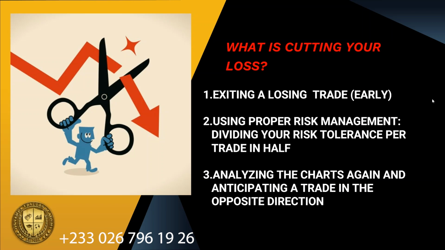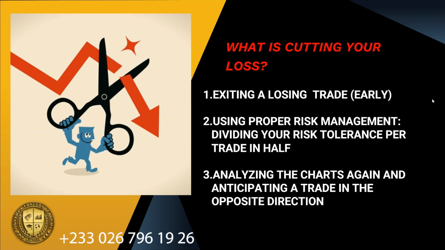You want to use proper risk management. And by using proper risk management, you want to divide your risk tolerance per trade in half. The reason why I stated this is because should you have a risk tolerance of 2% per day, you actually want to have a risk tolerance of 1% per trade within that day. The reason is, should price not go according to your hypothesis of the day, you actually have another percent that you're willing to risk.